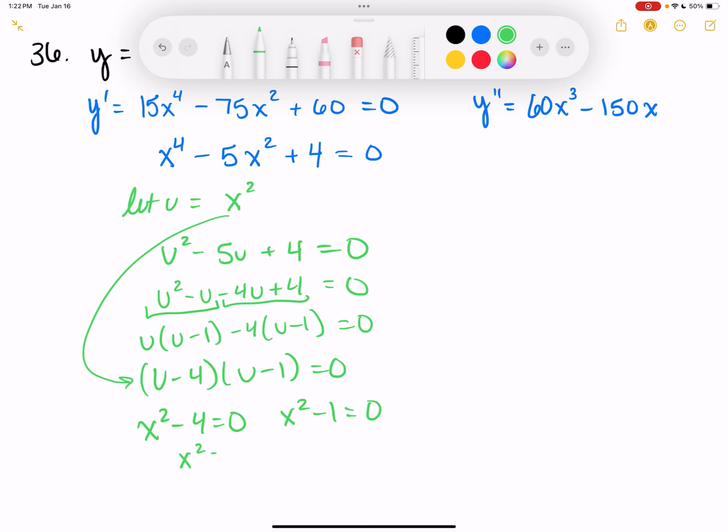Then x squared equals 4, take the square root, x equals positive and negative 2. And x squared equals 1, so x equals positive and negative 1. Why do you have to do that, though? Because when you take the square root, you have a positive and a negative value.